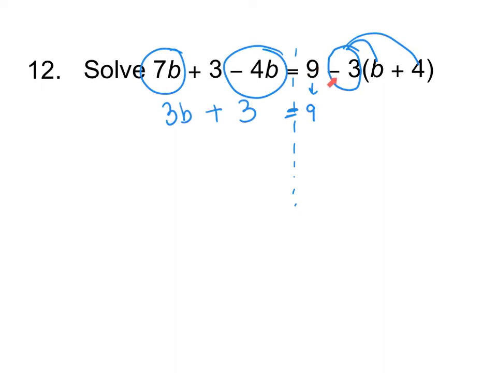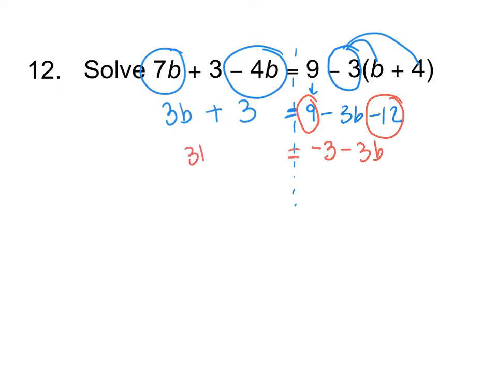You rewrite the 9 and distribute that 3. That gives you negative 3b minus 12. Now on the right-hand side, I can simplify the 9 and the negative 12, which is 9 minus 12, which is negative 3. So this is really negative 3 minus 3b.